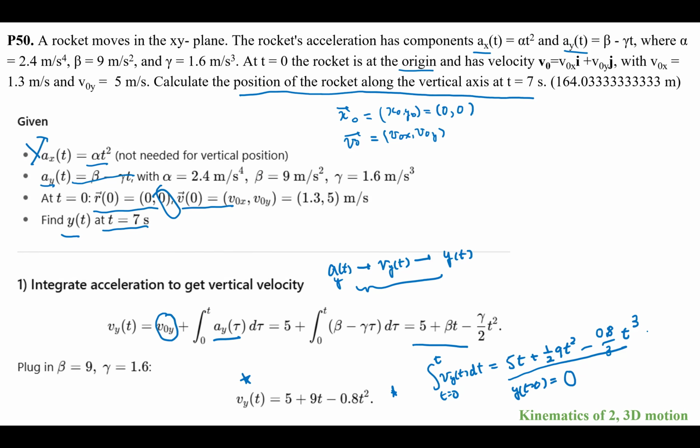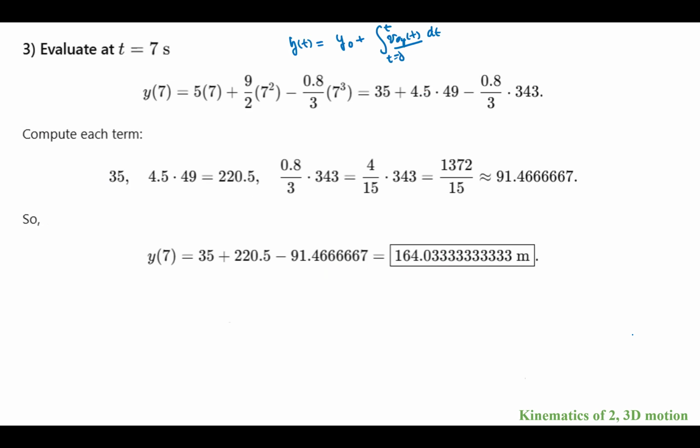Okay, so we did not add y at t equal to 0. Okay, and then if you put t equal to 7 seconds, then you can just use the formula here, and then you can calculate all the things, and then you get this distance.